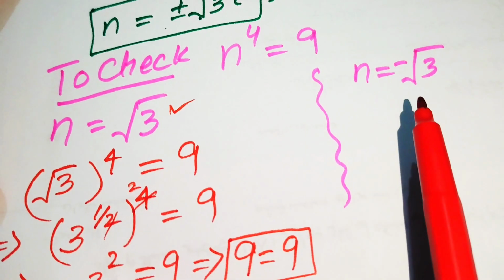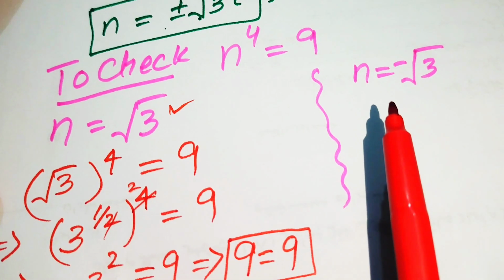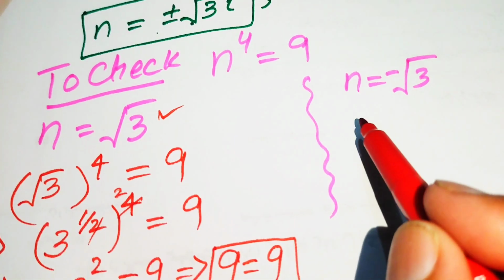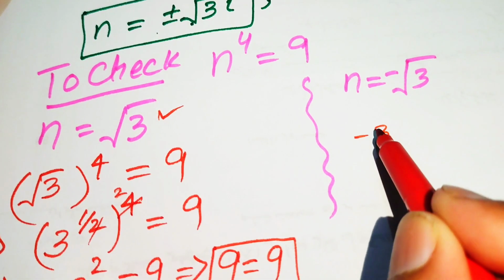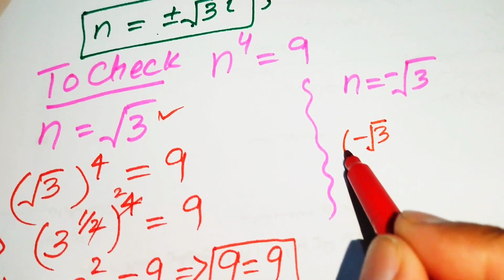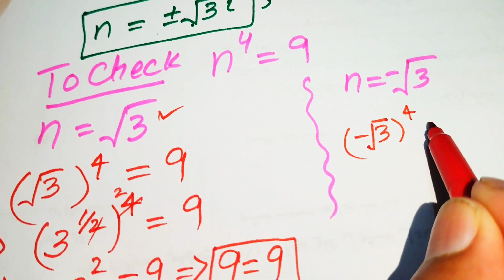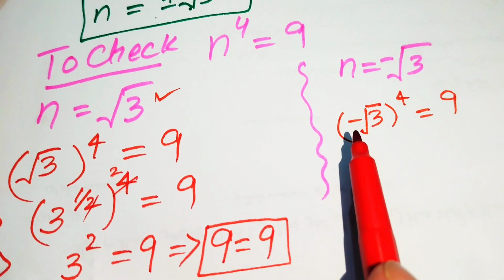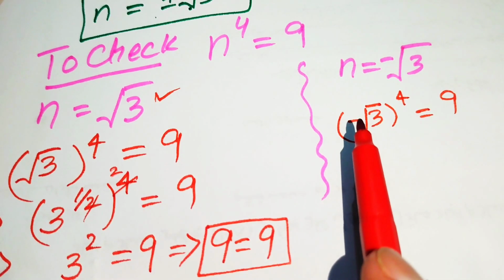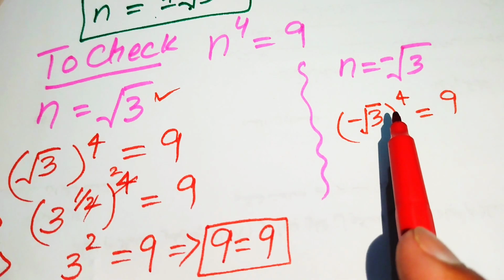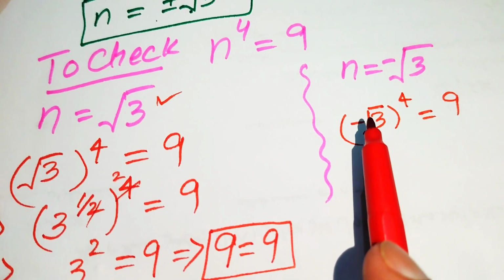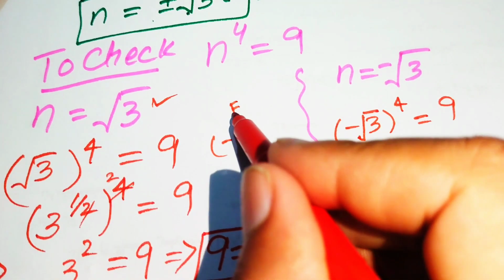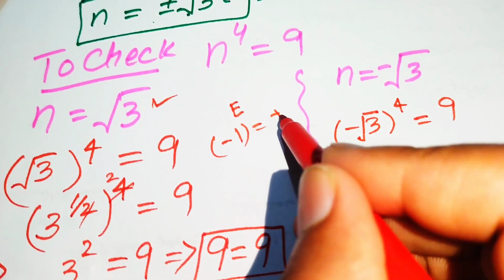And now we check this root. To check this root, we substitute this value in this equation, and it will be written as (-√3)^4 = 9. And here you know that if we have a negative base and its exponent is an even number, it becomes a positive number, because if you have minus 1 to the power of some even number, it is equal to plus 1.